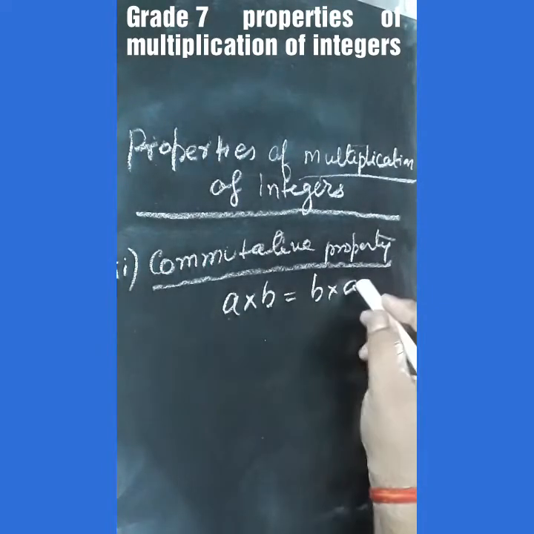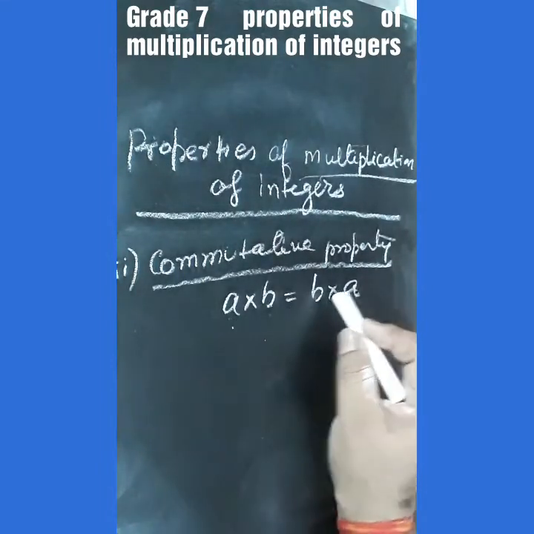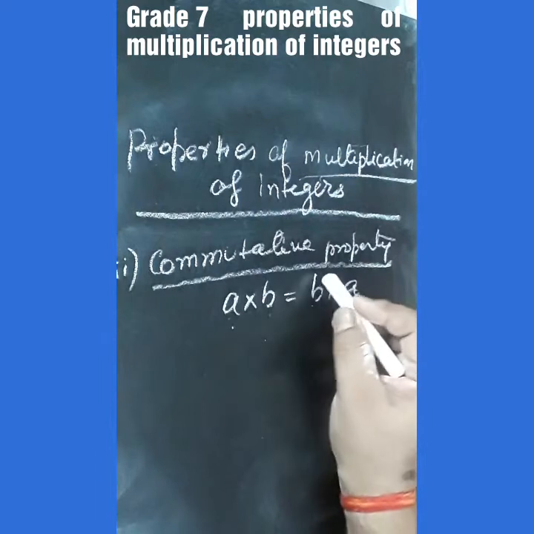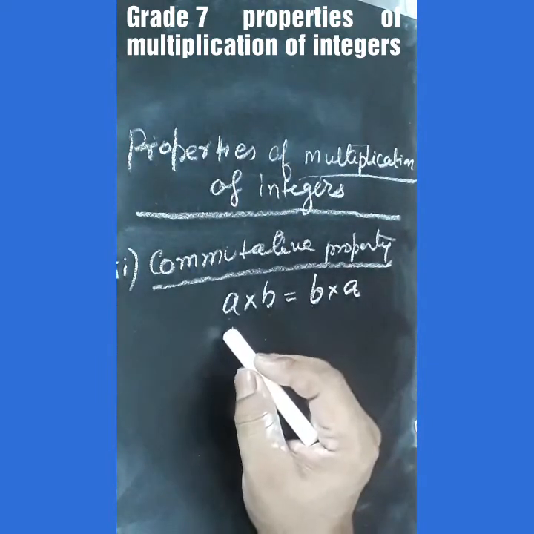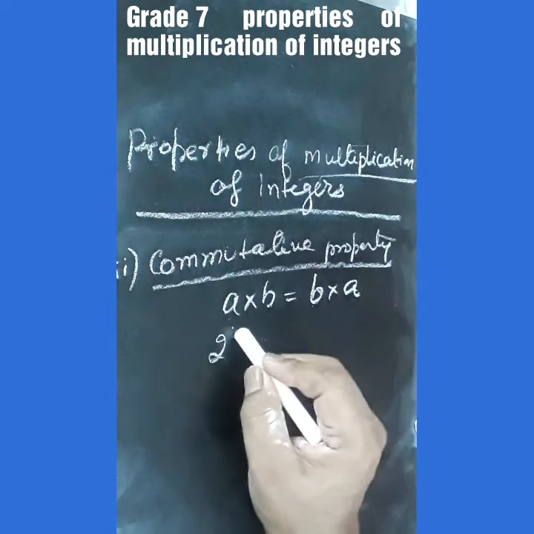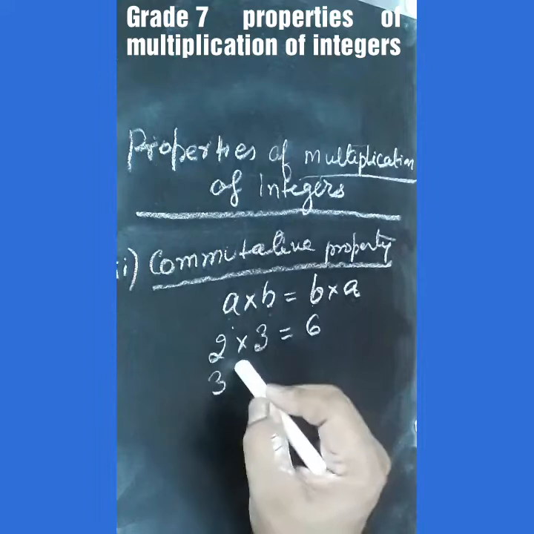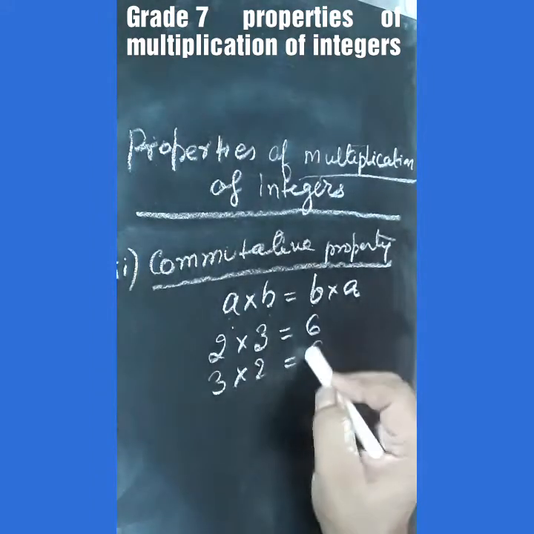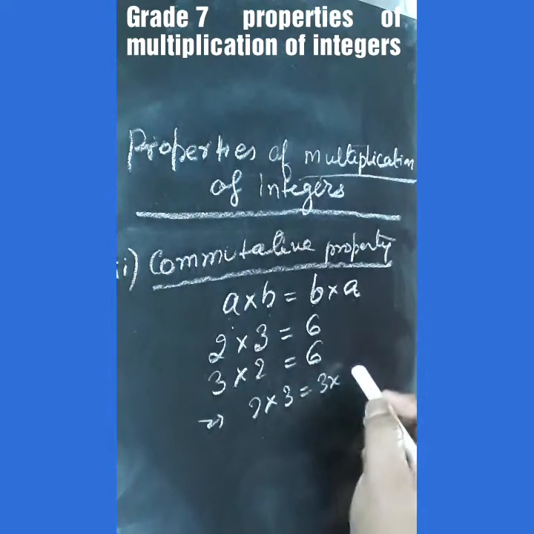Means result remains same even if we change the order of numbers while multiplication. Let us take an example. 2 and 3. 2 into 3 we get 6, and 3 into 2 we also get 6. It means 2 into 3 is equal to 3 into 2.